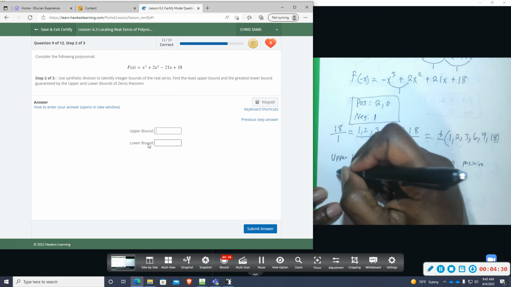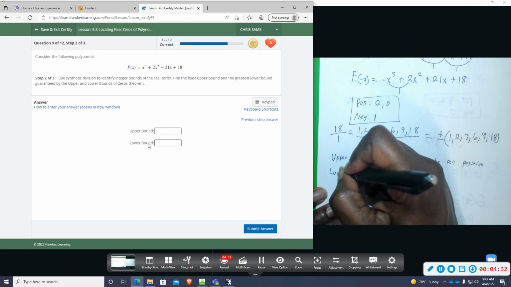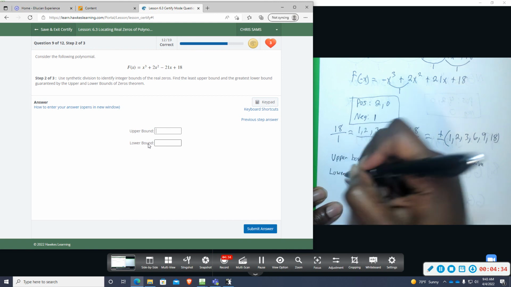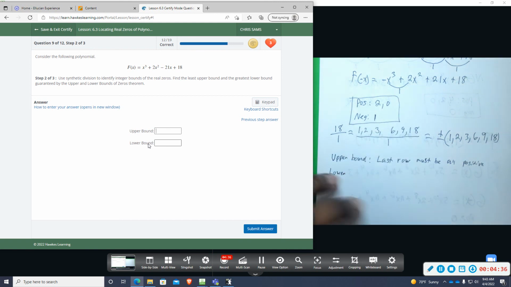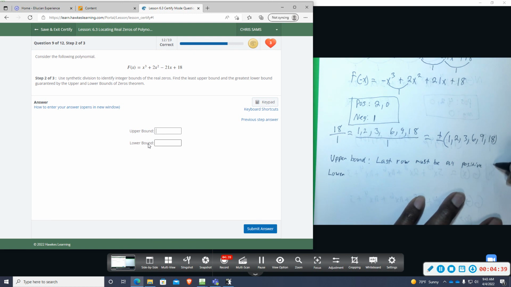For lower bound, 0 is positive, could be positive as well. 0 can be positive. I'm going to say 0 positive.